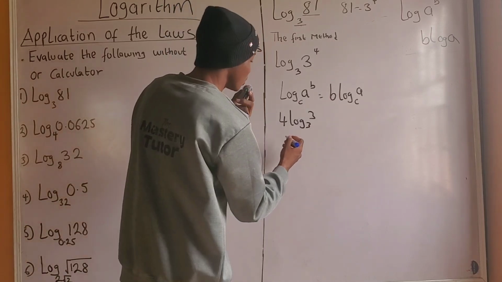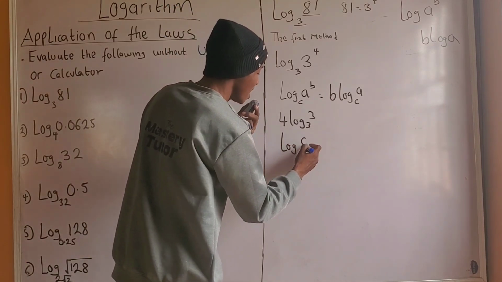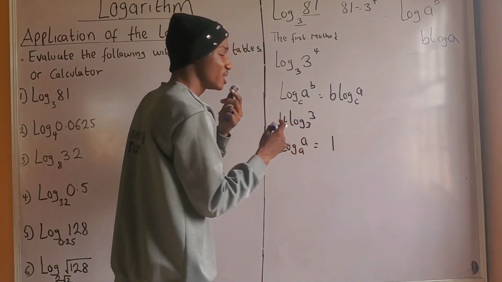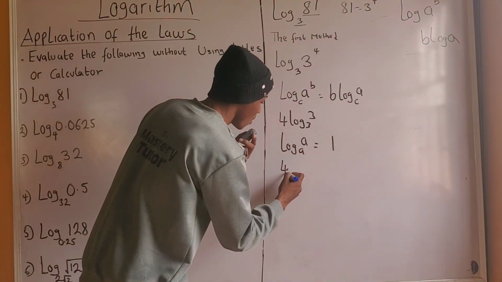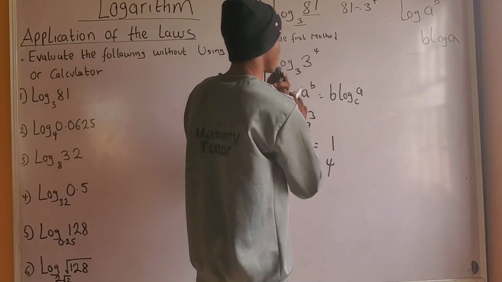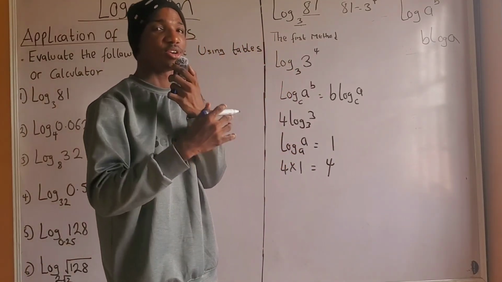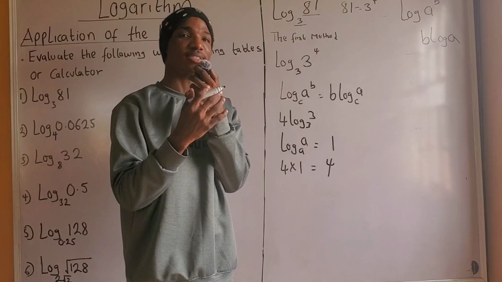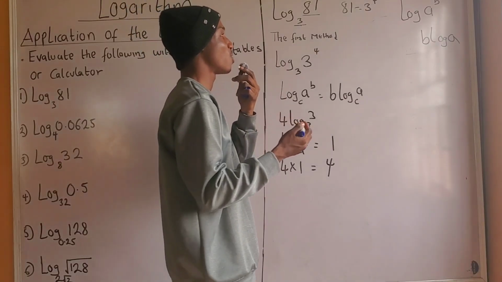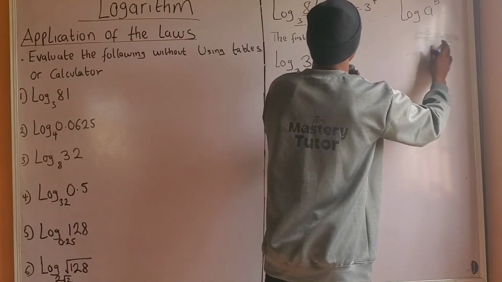According to this law, if you have log a base a, this will be equal to 1. So log 3 base 3 will give me 1, and I'm going to have 4 multiplied by 1, which is equal to 4. The rule I used here is known as the log of a power. Now let us use the second method.